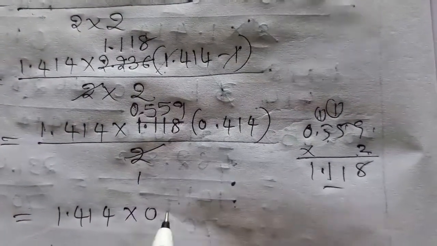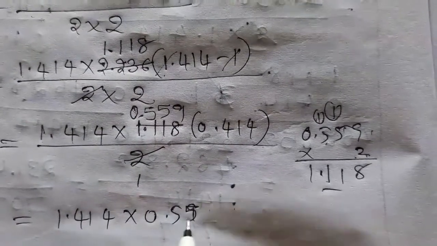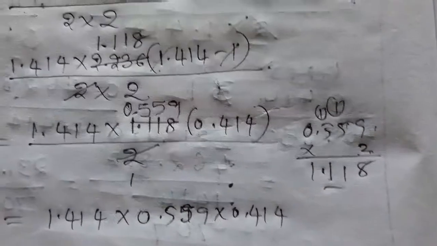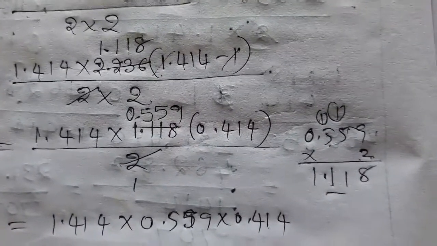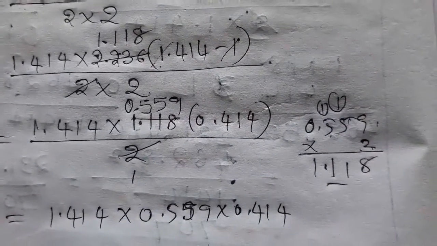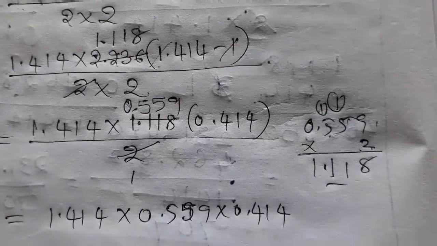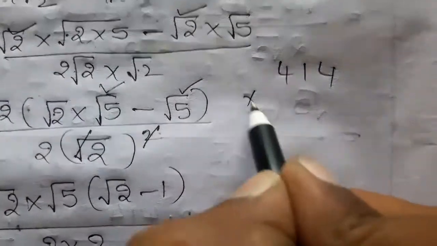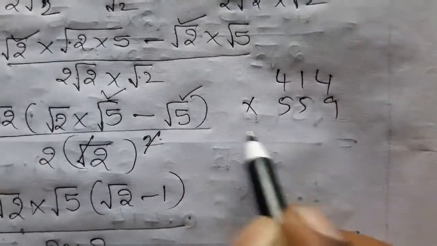Now that equals 1.414 into 0.559 into 0.414. Now multiply 0.559 into 0.414. See here, 414 into 559.